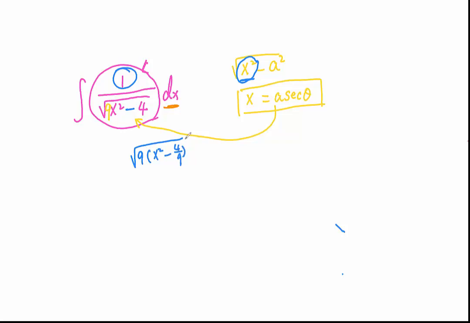Anybody follows? Everybody's fine? I didn't do anything, I just factored out the 9. The reason we factor it out is because we want to have x squared in front. The square root of 9 is 3, so now I have 3 times x squared minus, I just changed my a basically. A right now is going to be 2/3 squared.